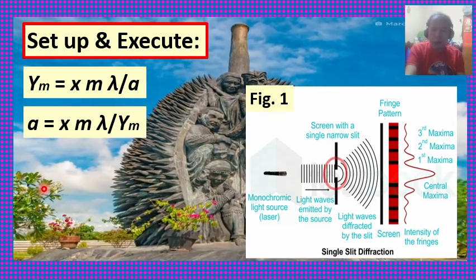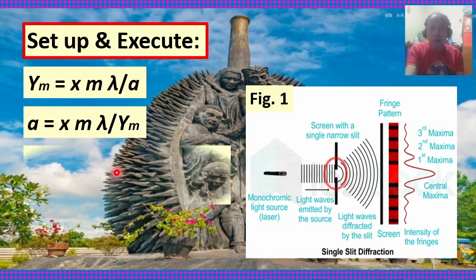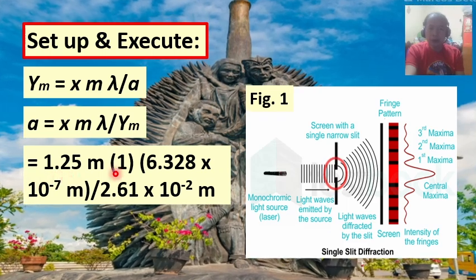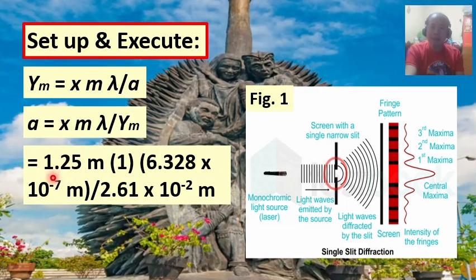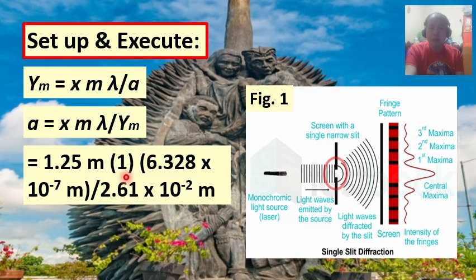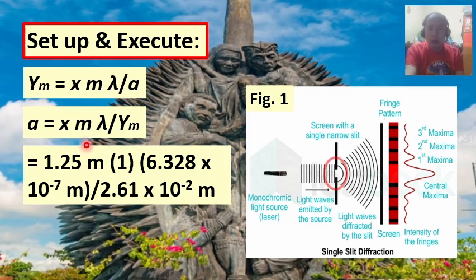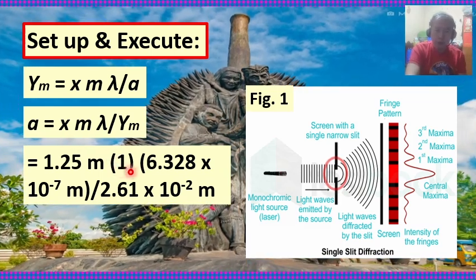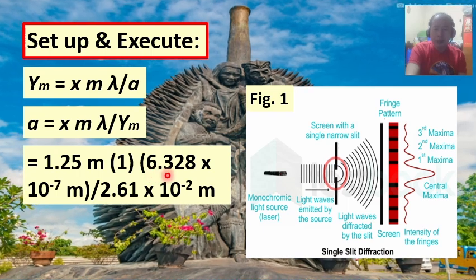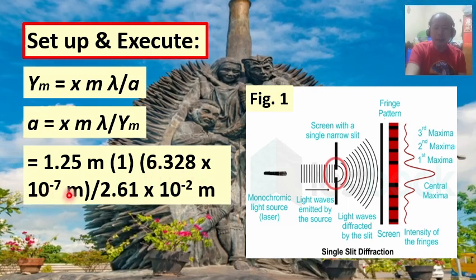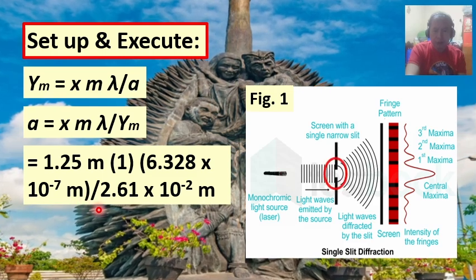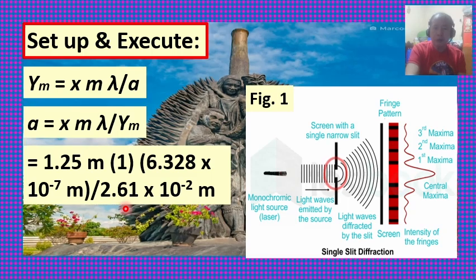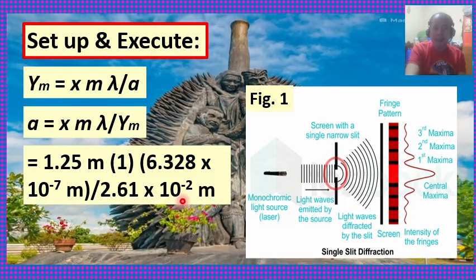And when we substitute the given quantities, we get a equals the product of the value of x, which is 1.25 meters, times the value of the first order minimum equal to 1, and then the wavelength lambda, 6.328 raised to the negative 7 meters, and then divided by the computed value of capital Y sub m, 2.61 raised to the negative 2 meters.